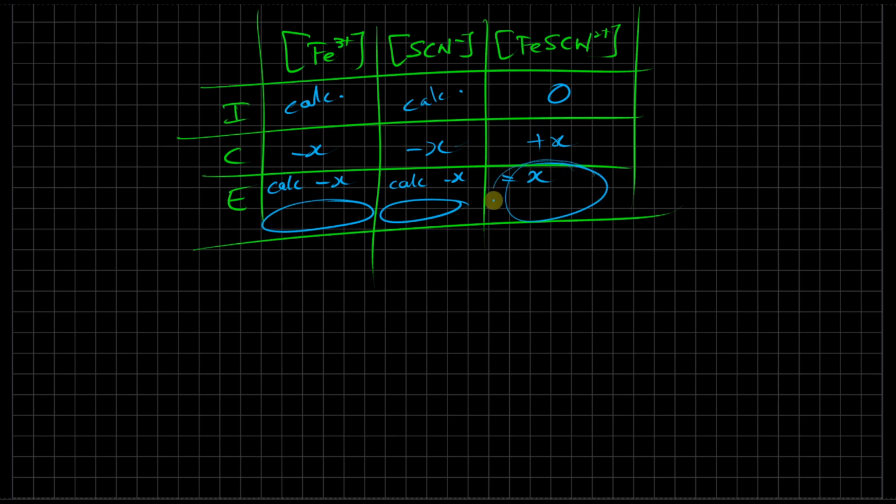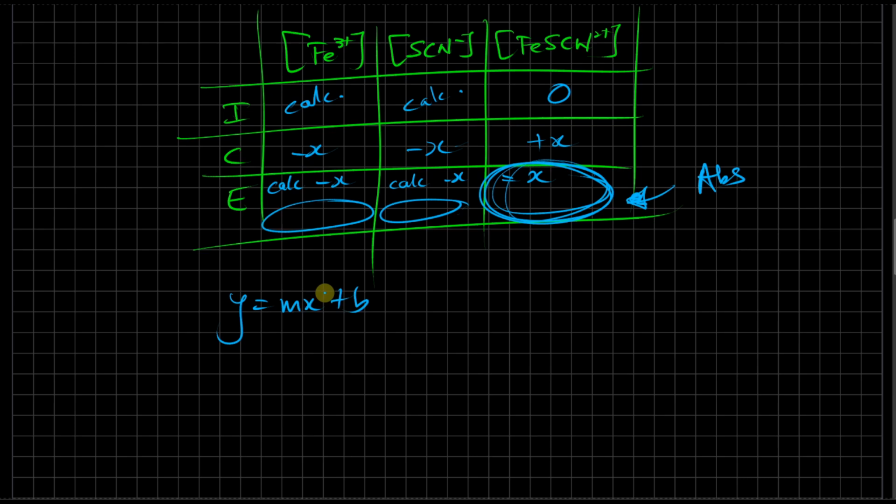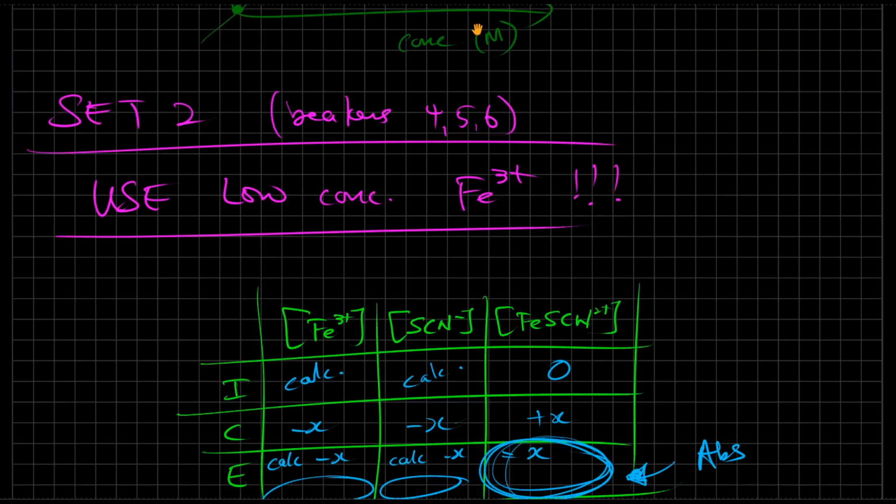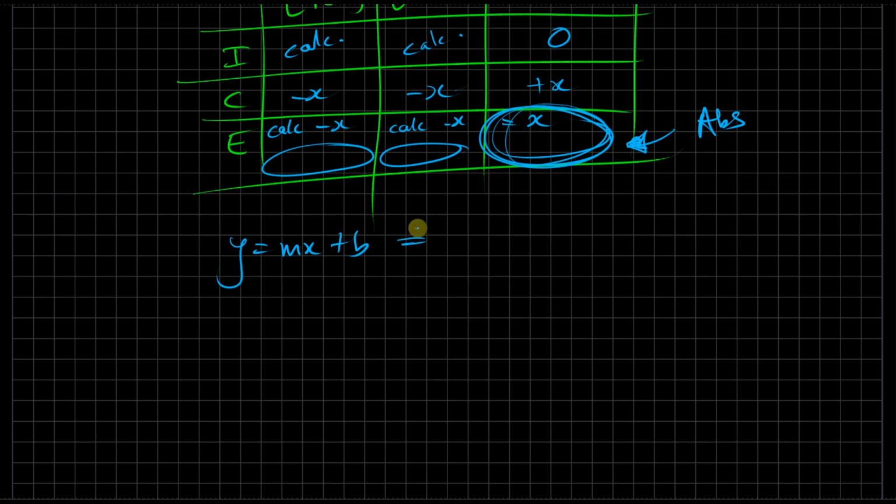But we know that x here, whatever this concentration at equilibrium is, we can get from absorbance. So we'll stick this in our SpectraVis and get the absorbance for it, and use the equation y equals mx plus b from our absorbance versus concentration graph up here, and plug in absorbance for y, right, and solve for the concentration x, right?